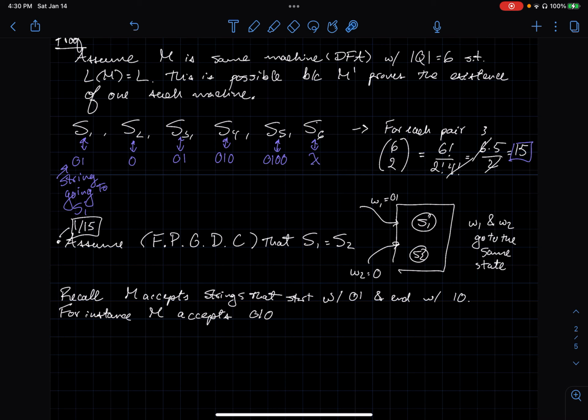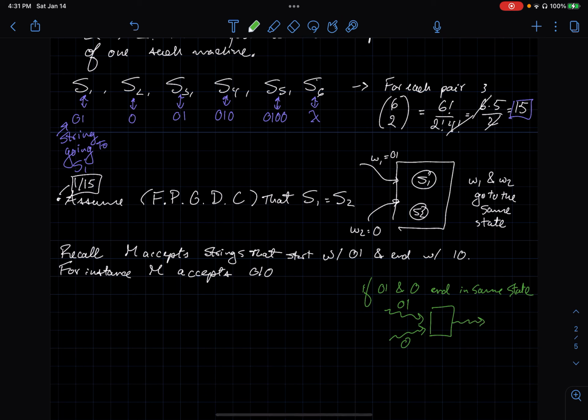If 0, 1 goes to this state and 0 does the same, then if you concatenate any string V, then 0, 1, V and 0, V will end up in the same state.